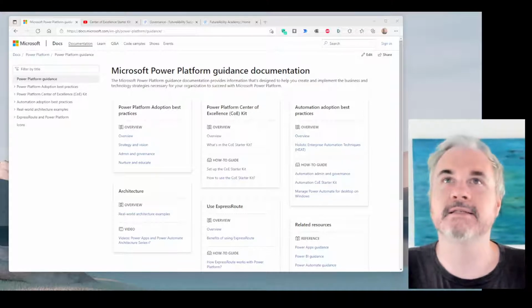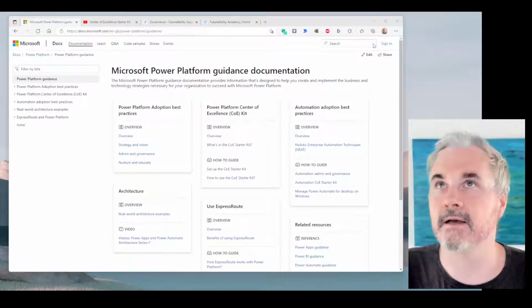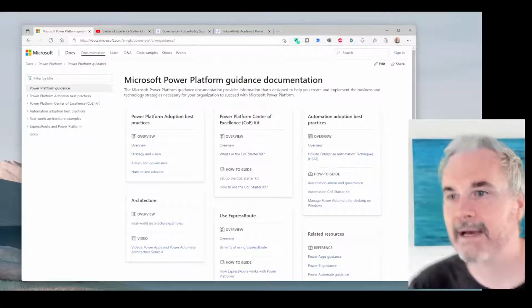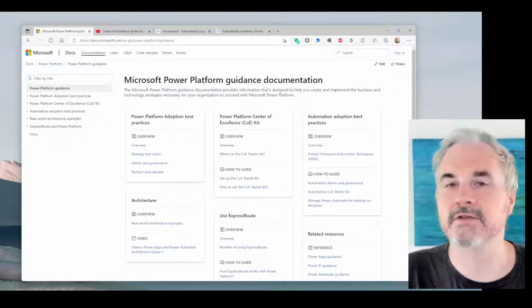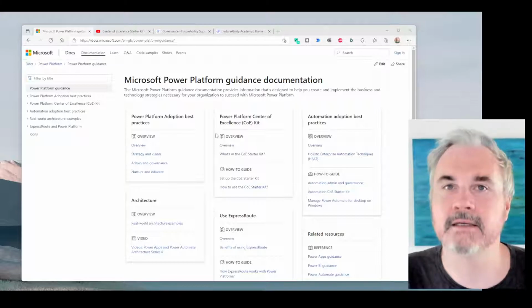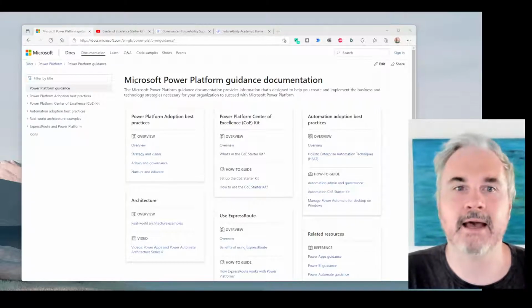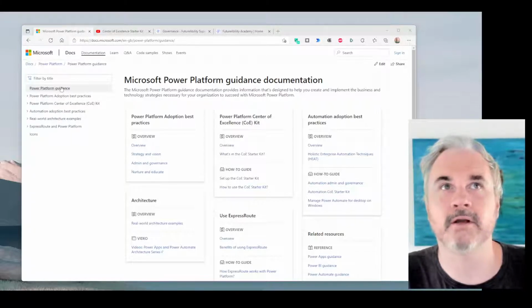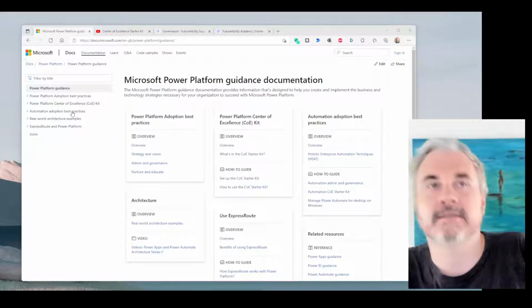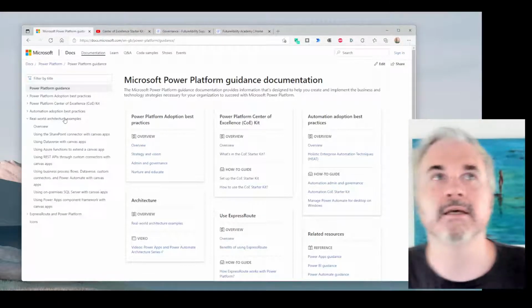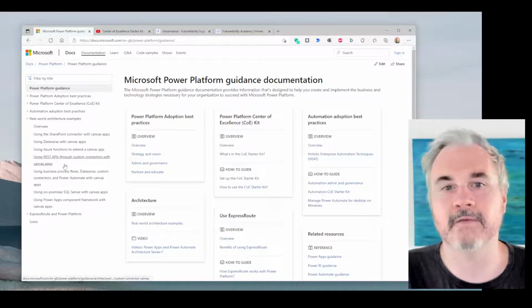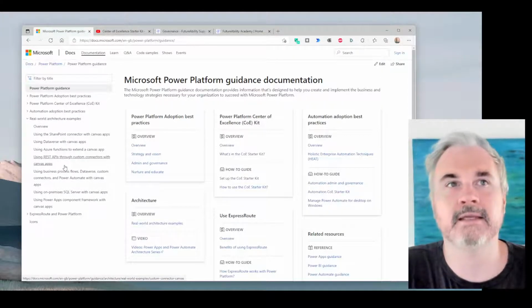First of all, this site here, Power Platform guidance documentation. This has got some really great best practices in terms of implementing and setting up a Centre of Excellence kit, automation best practices, real world examples of setting things up and using things.